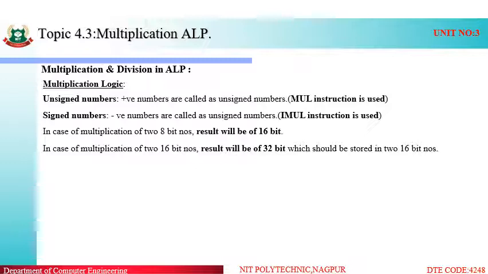So in case of multiplication of two 8-bit numbers, the multiplication result will be double, that is of 16-bit. And in case of multiplication of two 16-bit numbers, the multiplication will be of 32 bits.